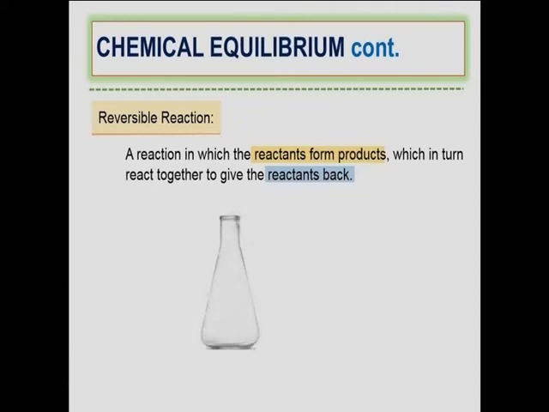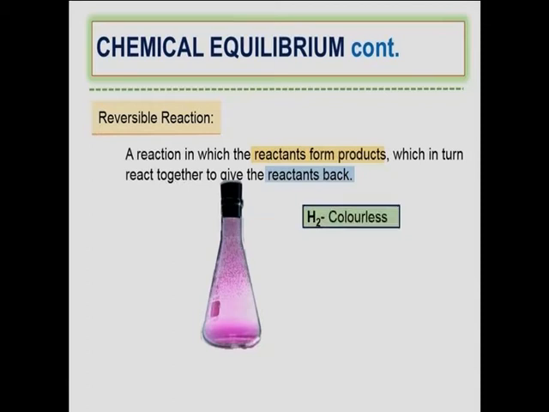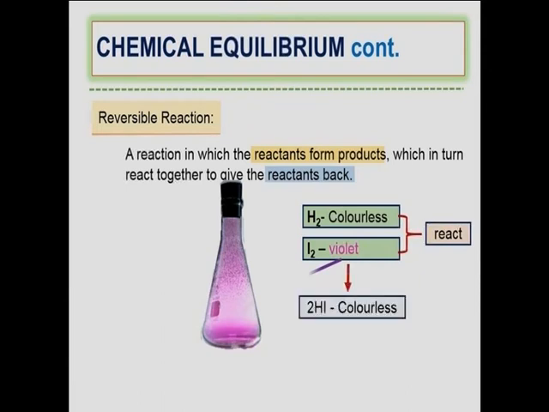For example, consider hydrogen and iodine reacting. Hydrogen is colorless and iodine is violet, and the violet color that you see in the conical flask is due to iodine vapor. Hydrogen and iodine react to give the colorless compound hydrogen iodide. If this reaction were irreversible, one directional, then what should happen?